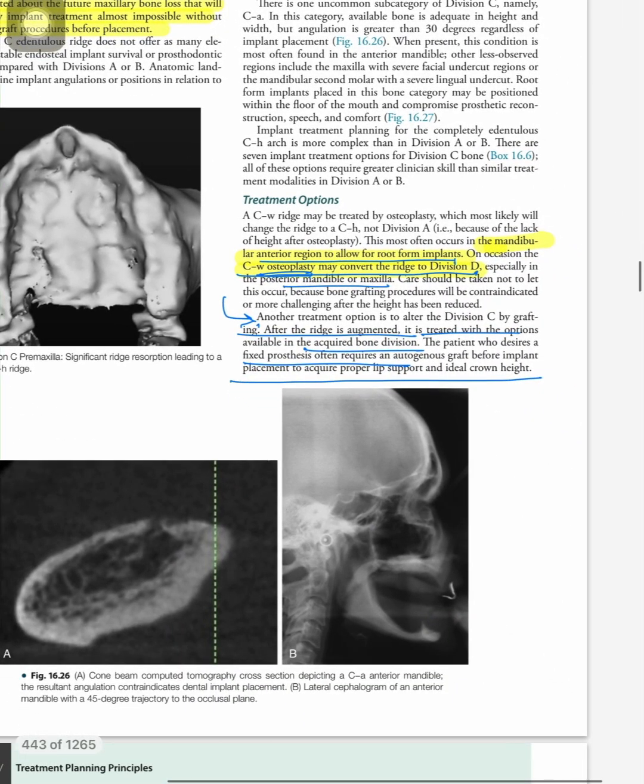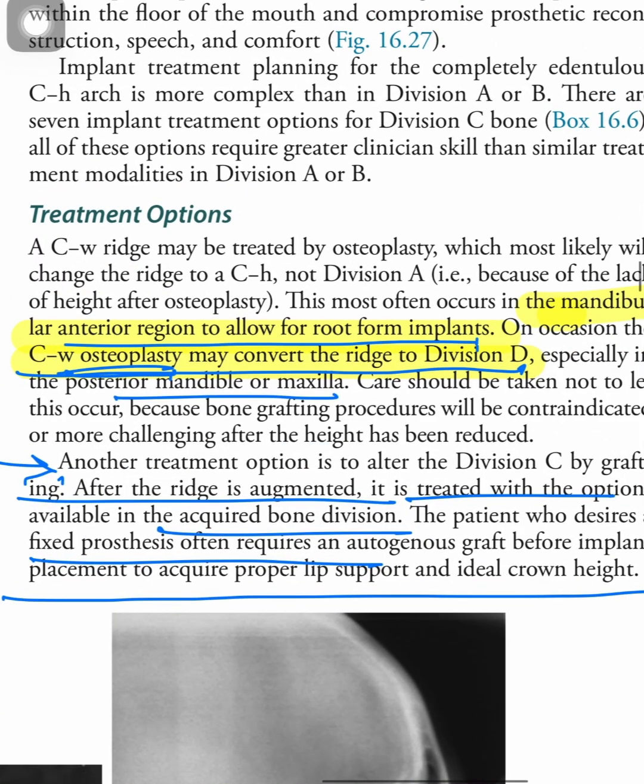So what are the treatment options for division C bone? Definitely, we are not going to use a narrow implant. You have to do certain augmentation procedures.